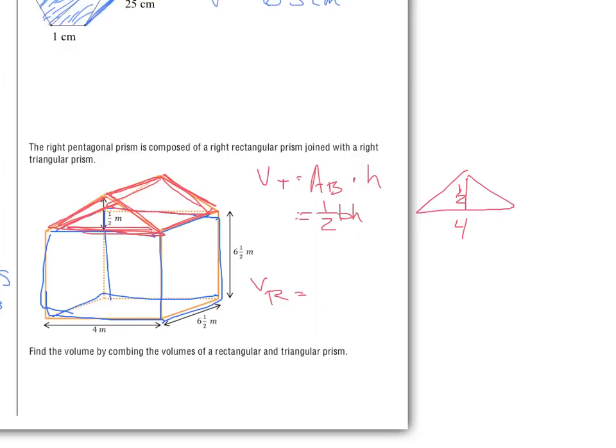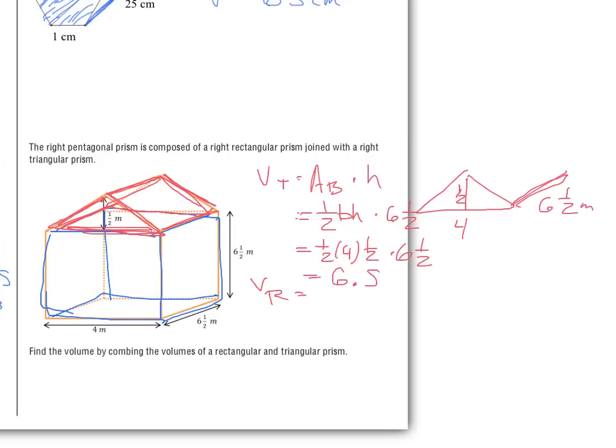And then as I turn my triangle into a prism, I can see that it goes 6.5 meters deep. So base and height are 4 and 1/2. We've actually already done this one. 1/2 times 4 times 1/2 times 6.5. We've done this calculation once before today. We're going to get 6.5.